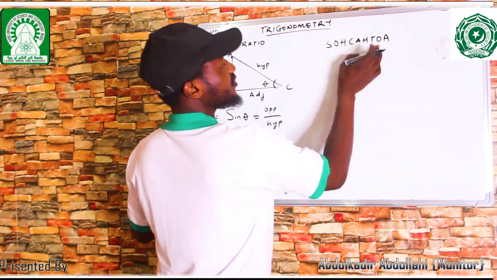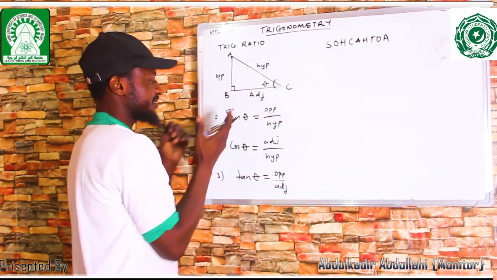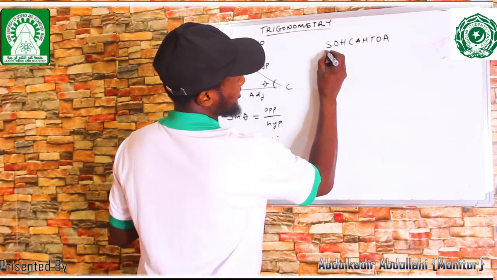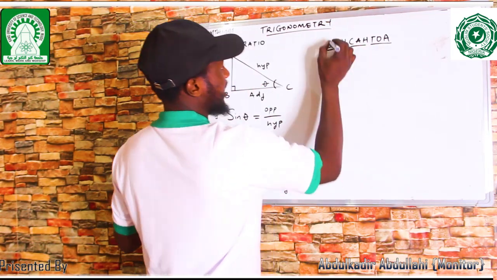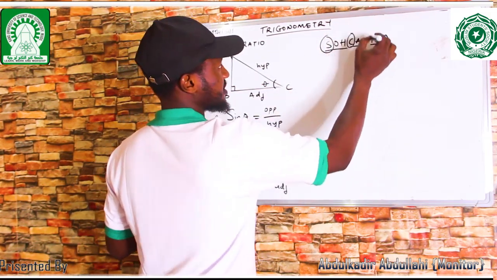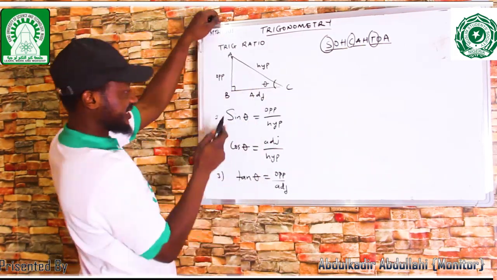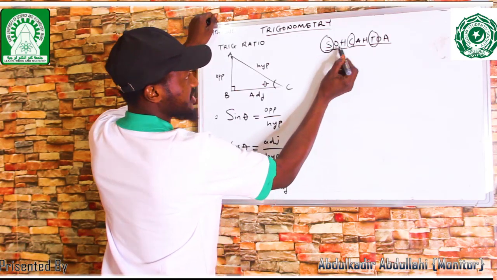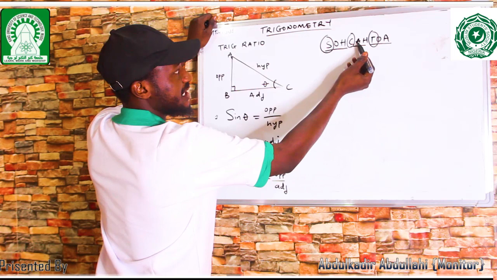SOHCAHTOA will make it easy for you to identify the sine, cos, and tan. You just categorize it into three: SOH, CAH, and TOA. S stands for sine, C stands for cos, and T stands for tan. If we take sine theta, in front of it we have O and H. O stands for opposite, H stands for hypotenuse, A stands for adjacent.